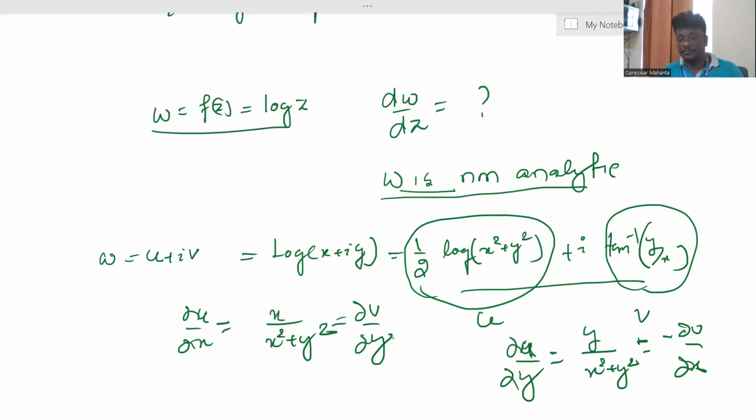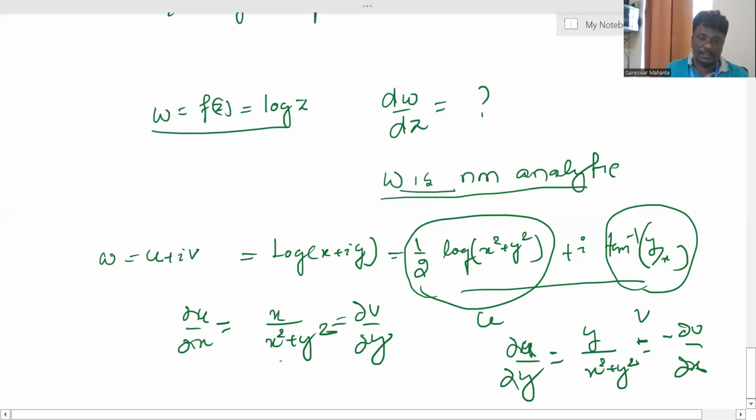But the partial derivatives are continuous except at zero. At the point zero, this function is not defined; it is also not defined at the origin.